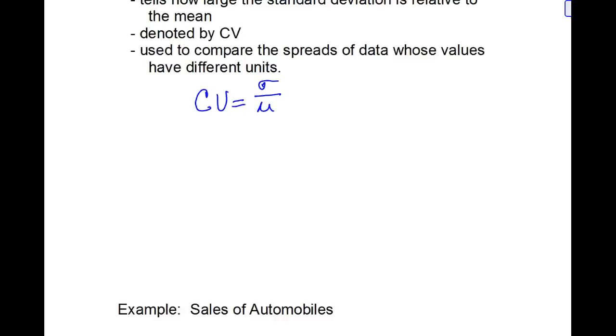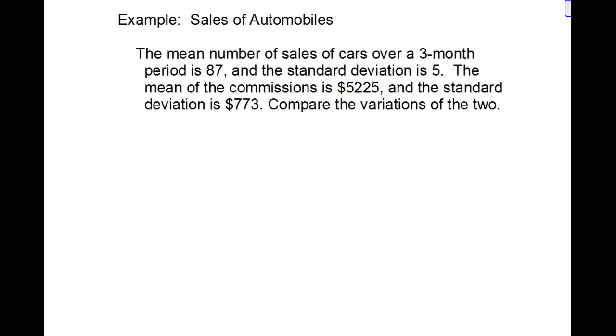So let's look at an example of this, and we're going to talk about the sales of automobiles. The mean number of sales of cars over a 3-month period is 87, and the standard deviation is 5. The mean of the commissions is $5,225, and the standard deviation is $773.